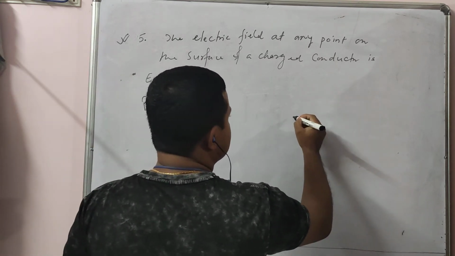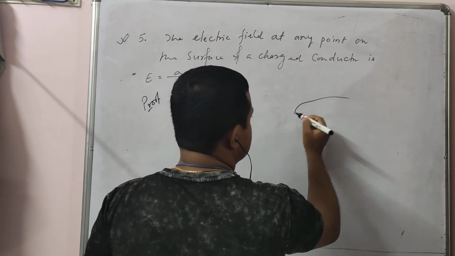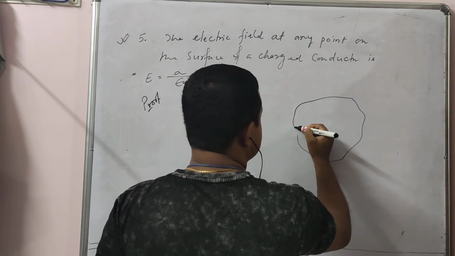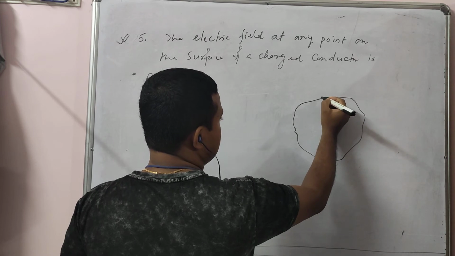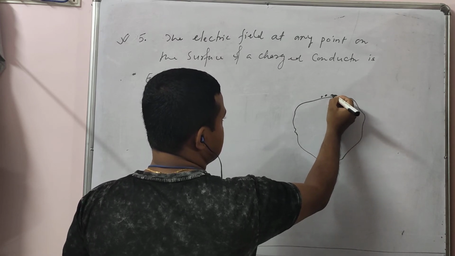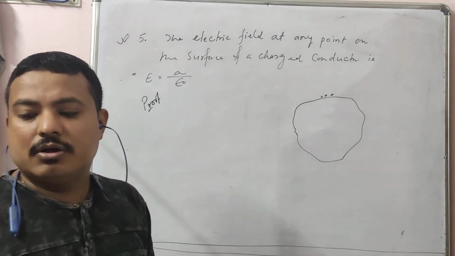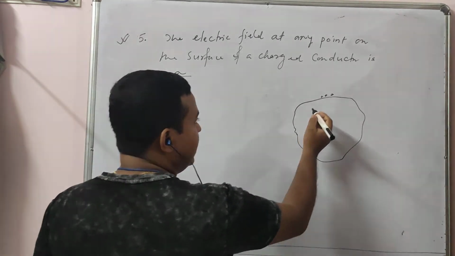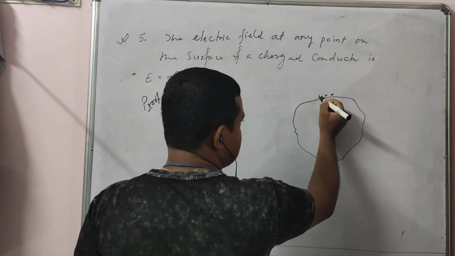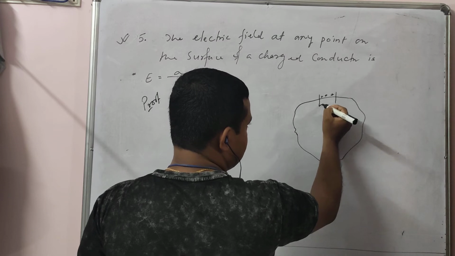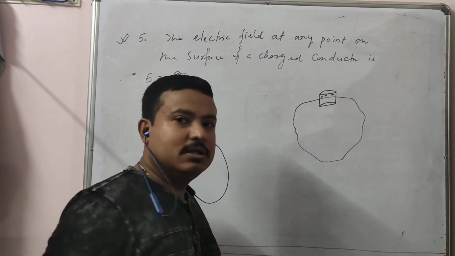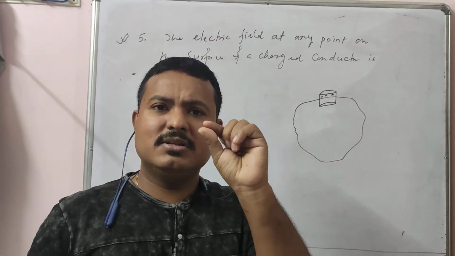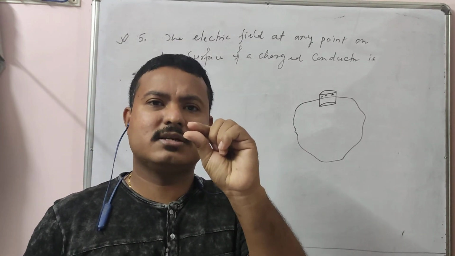Suppose you consider any conductor, a charged conductor. So the charges are here on the surface. Now what you have to do is draw a Gaussian surface, a cylindrical Gaussian surface, and this Gaussian surface is very tiny, infinitely small.